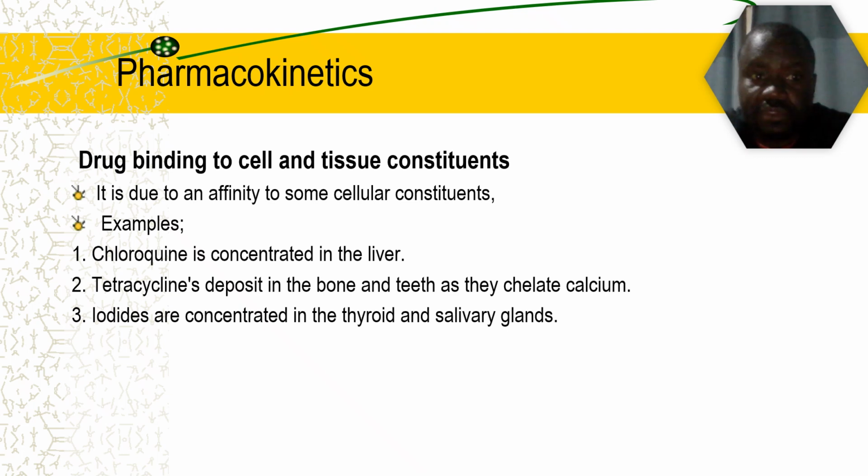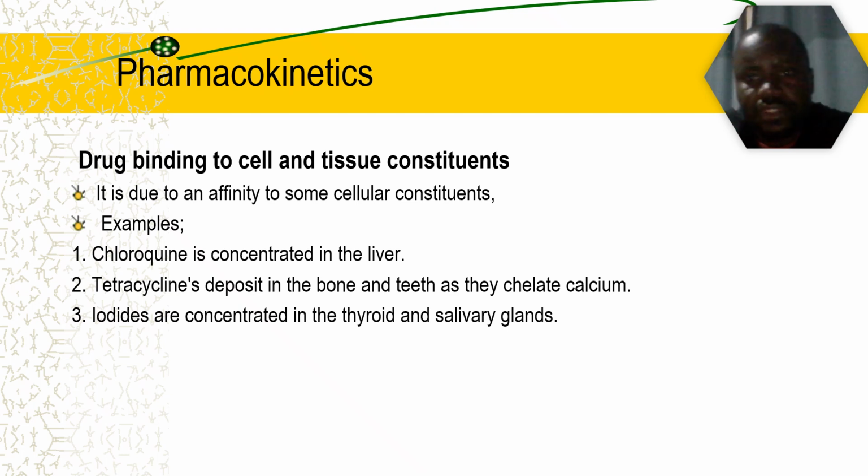And in this case, you find, for example, that chloroquine is highly concentrated in the liver because of the ability to interact with hepatocytes. Tetracycline deposits a lot in bone tissue or osseous tissue because of the tendency of tetracycline to react with calcium and complex with it.